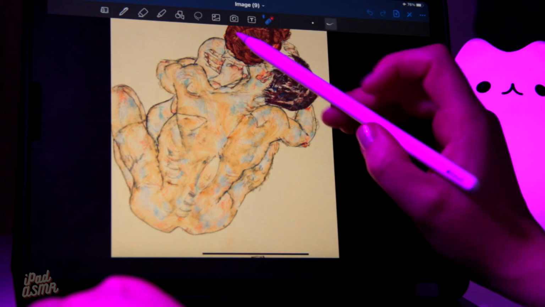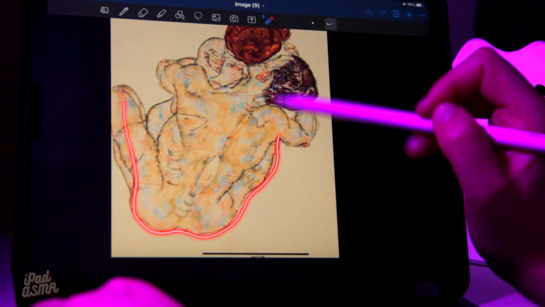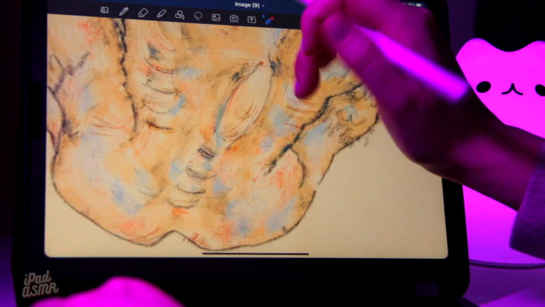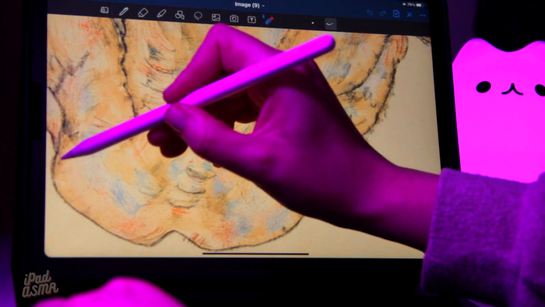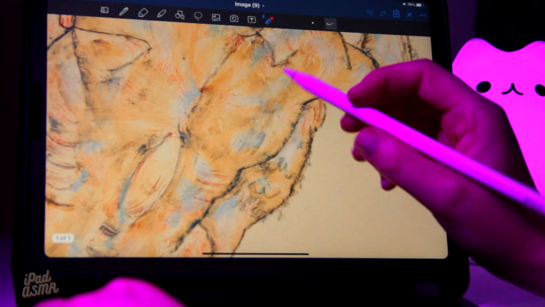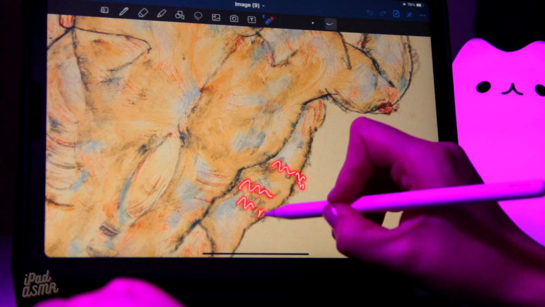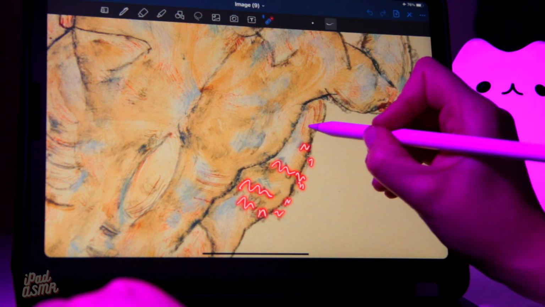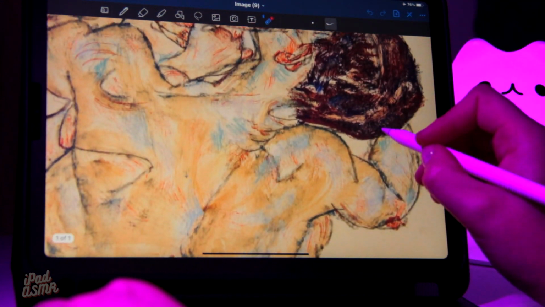The man has quite a skinny physique. You can see his bones here and his bony bottom, what appears like. On his legs you have what looks like hairs, and on his arms and forearms.